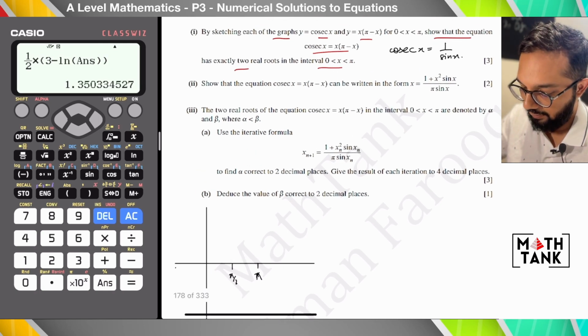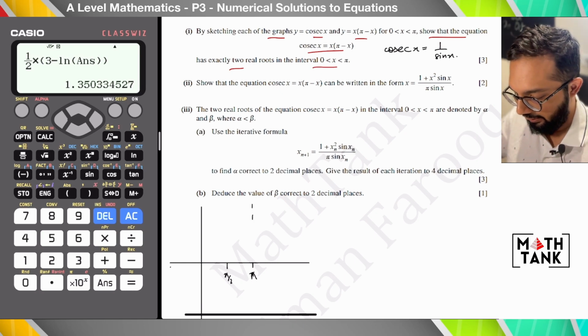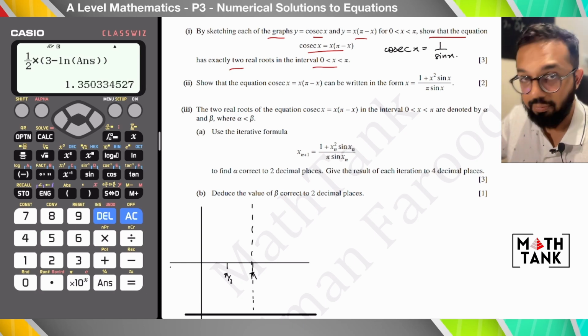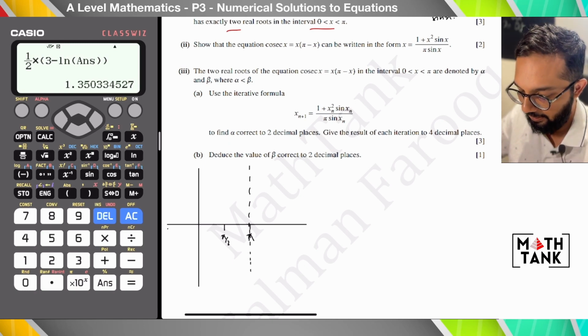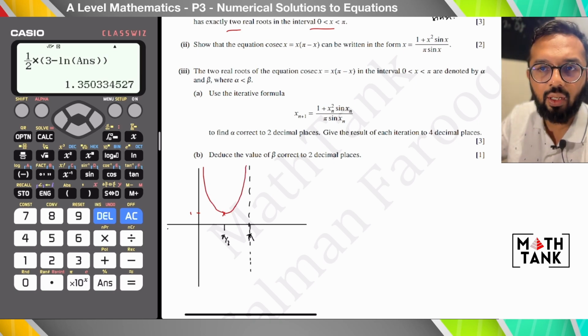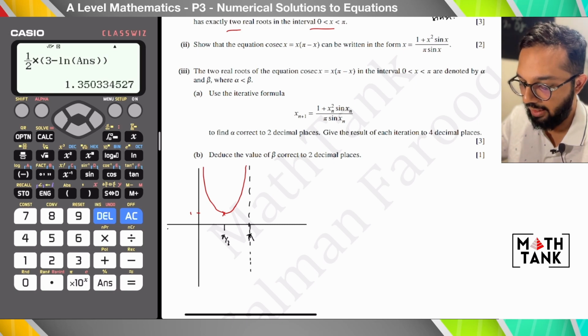So the graph, as we saw earlier, is that there's an asymptote at pi or 180. Why? Because sine 180 is 0 and sine 0 is also 0, and this graph is at 1. I'm going to mark 1 a little lower because I still need to draw the other line. So it's going to come like that and go like that. That is the graph of cosec x between 0 and pi.